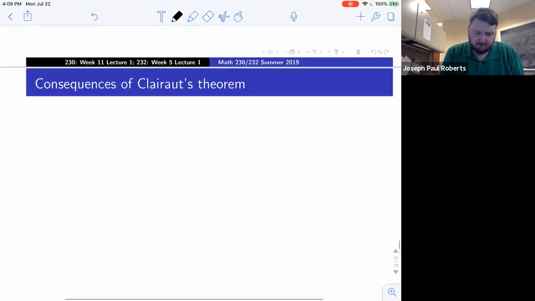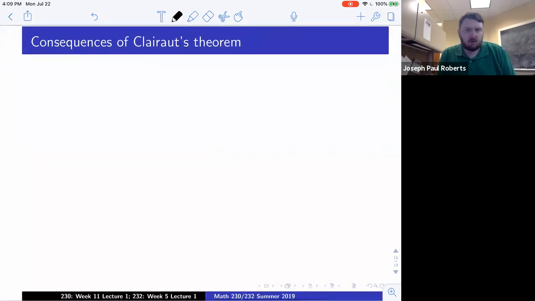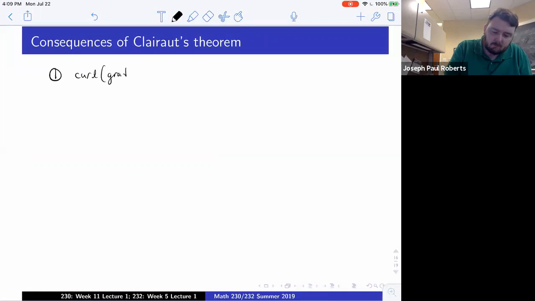Anyway, let's talk a little bit more about divergence and curl, and then we'll talk a little bit more about why they're useful. So, consequences of Clairaut's theorem. The first is the curl of any gradient is the zero vector.